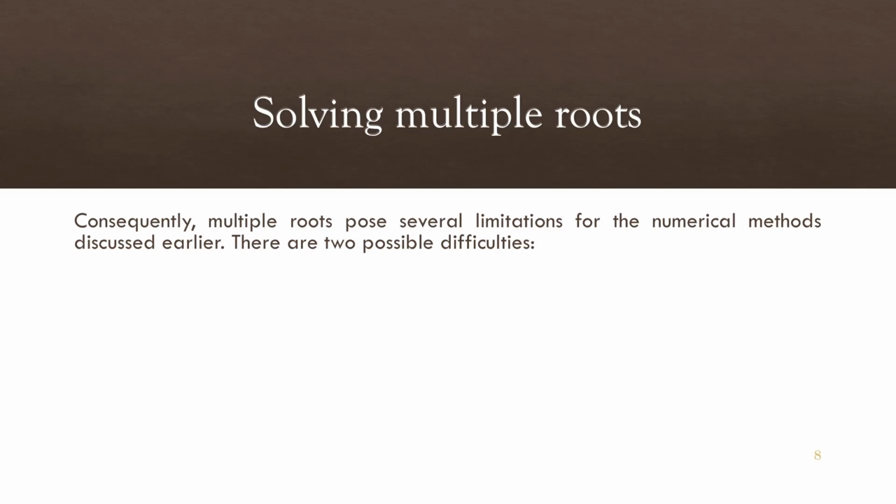So these methods have some limitations in solving multiple roots. Why? Because most of these methods can solve one root at a single time, and they cannot determine whether the particular root that they have solved is a multiple root or a simple root.